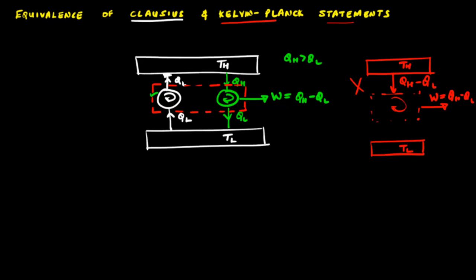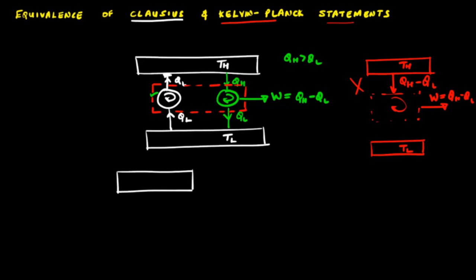So what we've shown is that if we violate the Clausius statement, then the Kelvin-Planck statement is violated. Now, to show the equivalence between these two statements, we also need to show that a violation of the Kelvin-Planck statement implies a violation of the Clausius statement, and this can be shown by considering a heat engine.